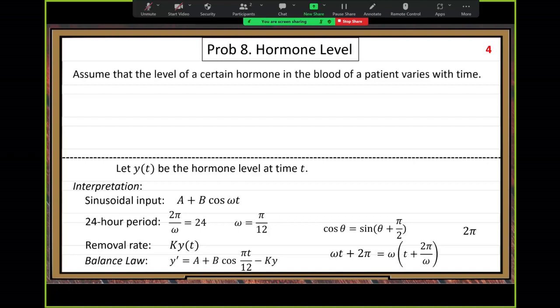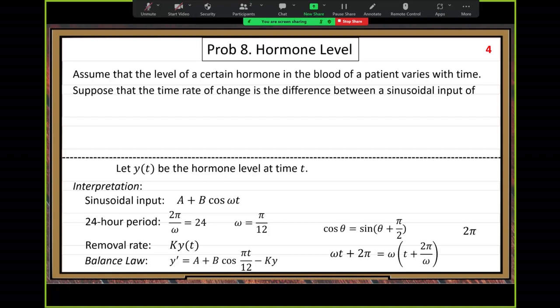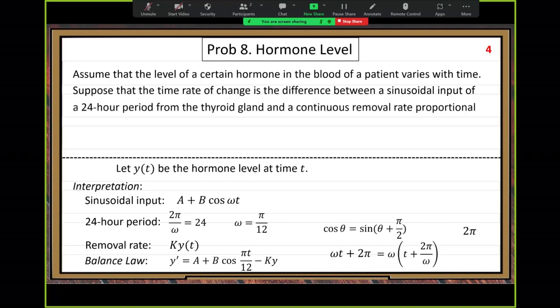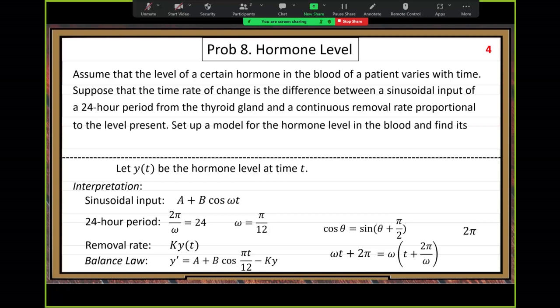First, let me give you the question. The hormone level. Assume that the level of a certain hormone in the blood of a patient varies with time. Suppose that the time rate of change is the difference between a sinusoidal input of a 24-hour period from the thyroid gland and a continuous removal rate proportional to the level present.